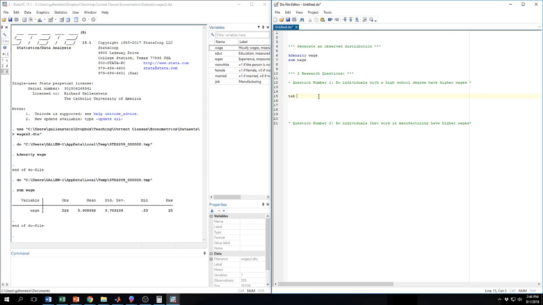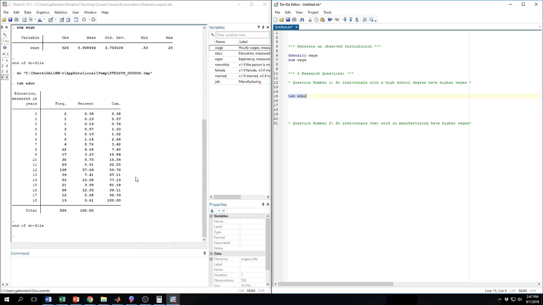Let's see. I'm going to use tab EDUC to see what are all the different values of my education variable. So I look in here, and okay, we've got some individuals here. There's no education. This is measured in years.